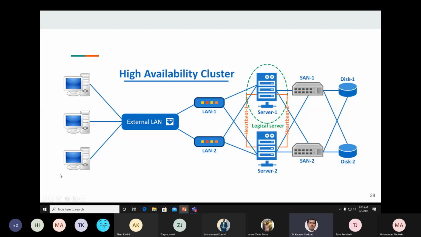So what is the feature in this architecture that makes this high availability? Can you point it out? Parallel? Okay, yes. But what makes the services more available?